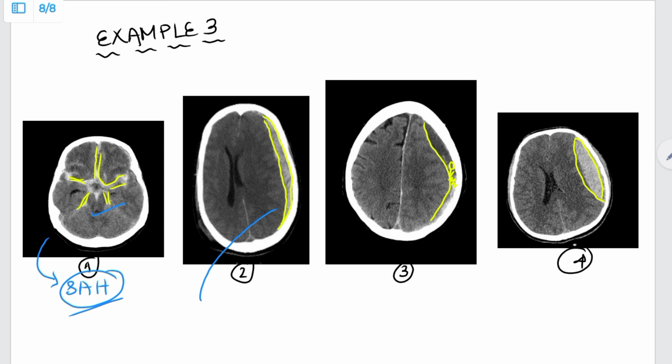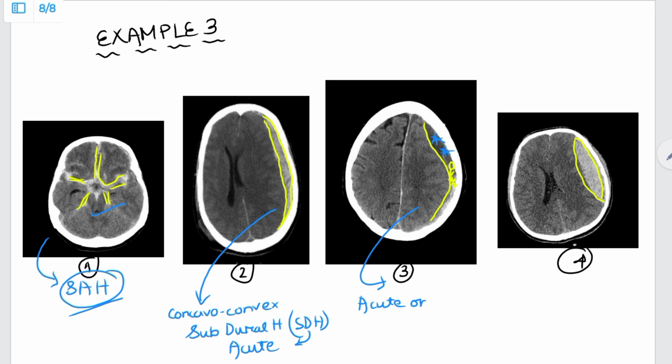In the second example, the bleed is concavo-convex. This type of structure is given by a subdural hemorrhage or SDH. In the second example, half of the SDH is hypodense, which means that it had occurred previously, and half of it is hyperdense. That means it is a new bleed. So this is an example of acute on chronic SDH.